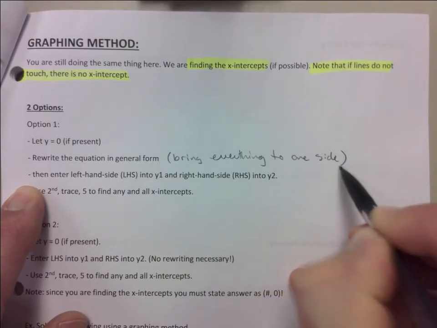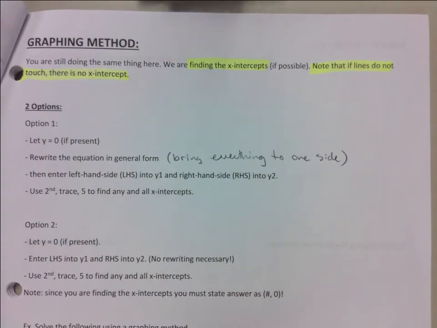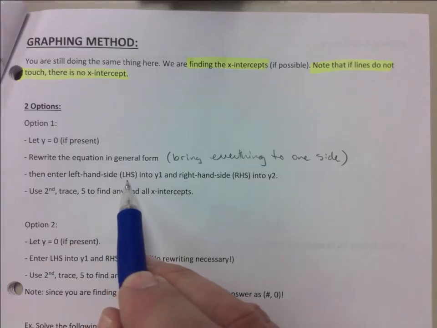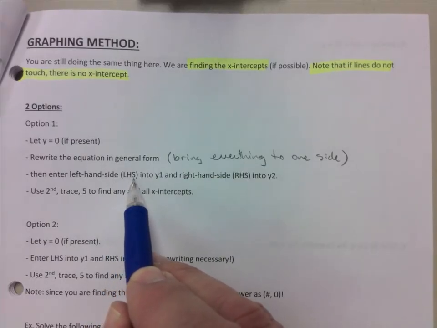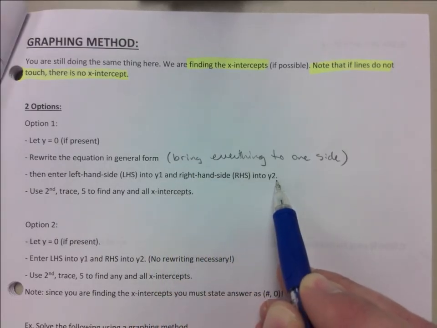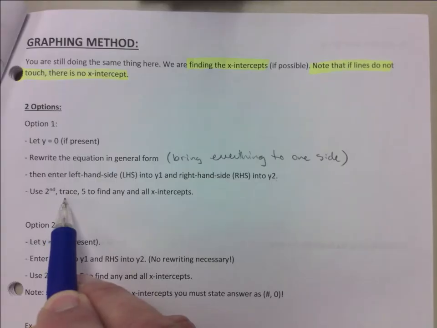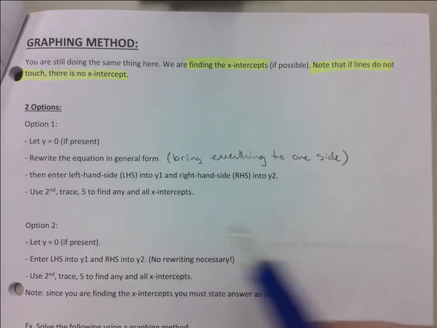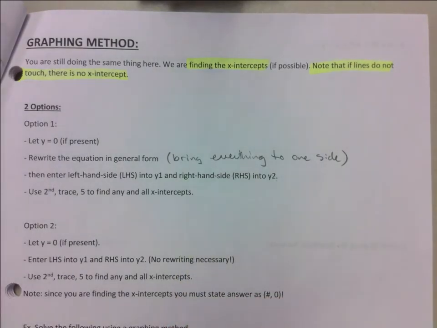That's what I mean by going into general form. Bring everything over to one side, then enter the left-hand side, that's what LHS means, into Y1, and the right-hand side into Y2. Then you go second trace 5 to find any and all x-intercepts. You've been doing that already up to this point, okay?